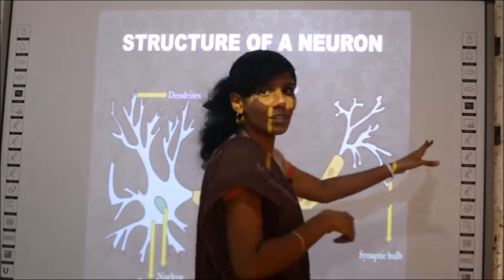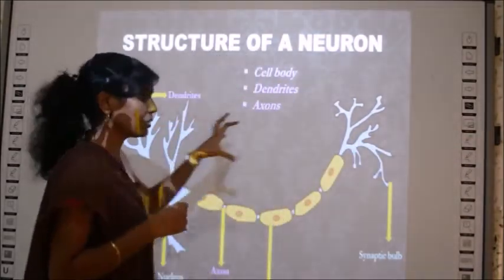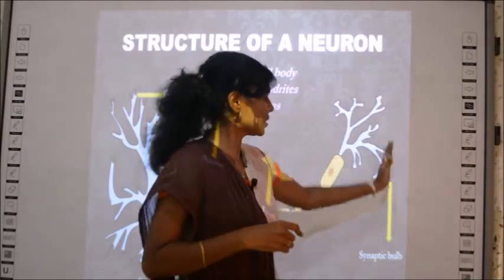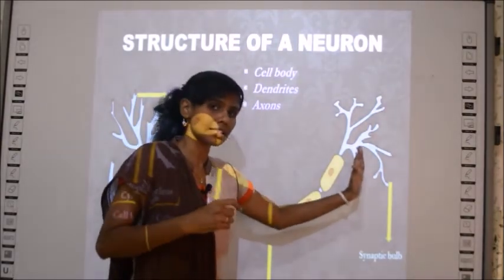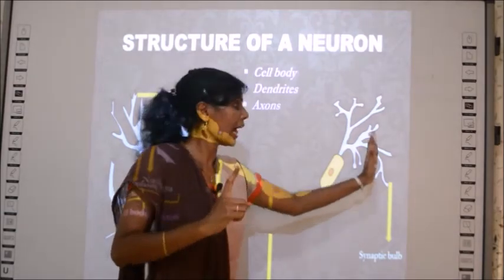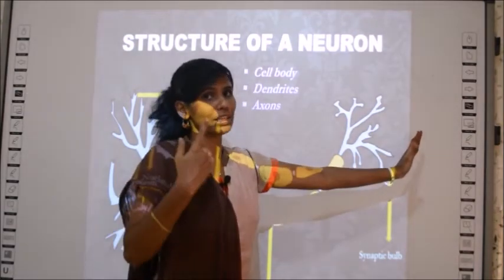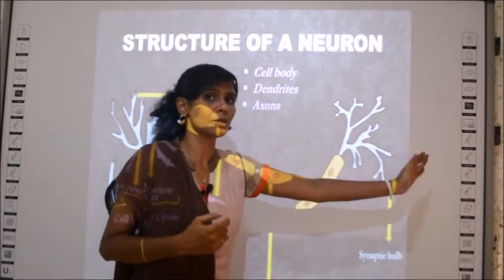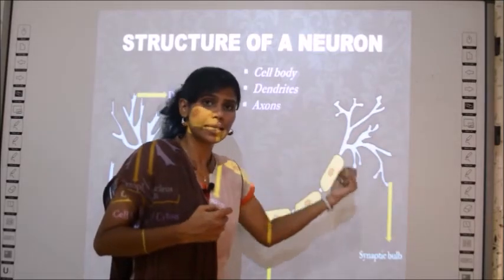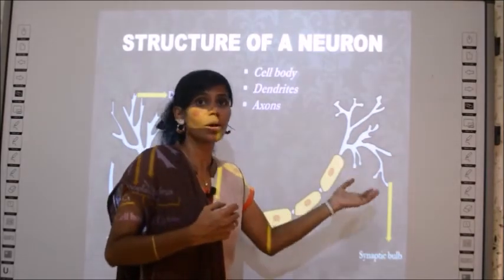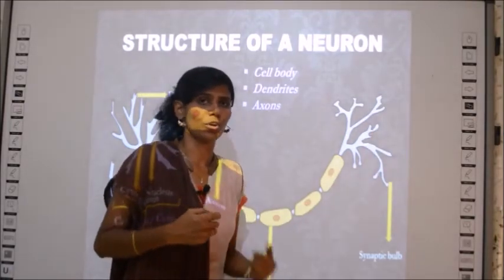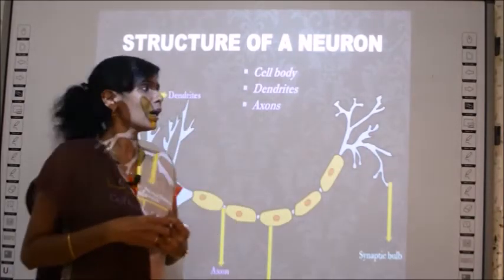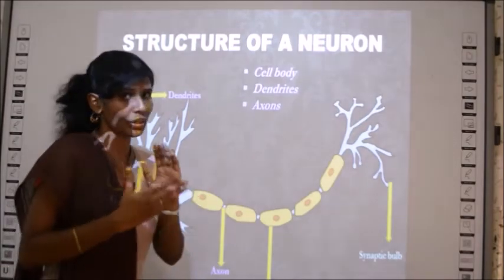So that is the junction. Synapsis is the junction between the synaptic bulb of the first neuron and the cell body of the next neuron. So this is all about the structure of a neuron.